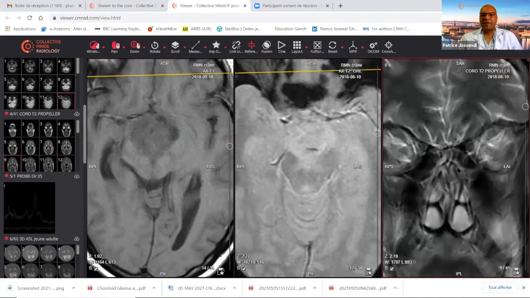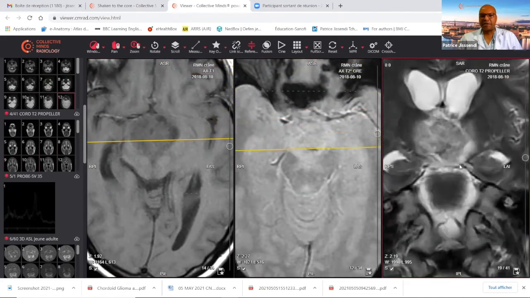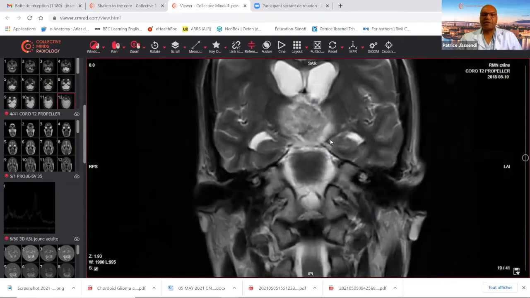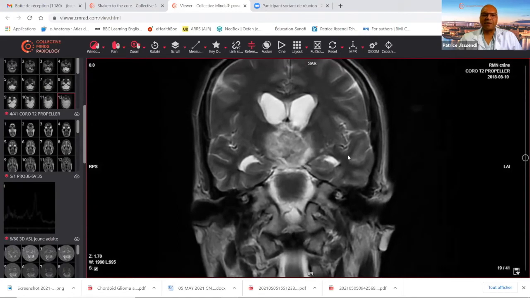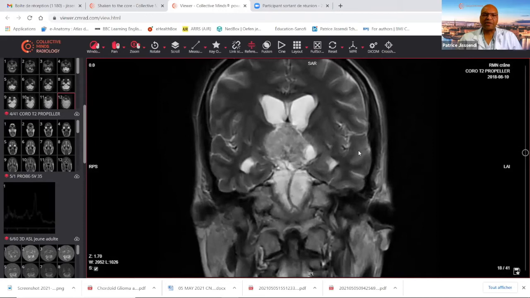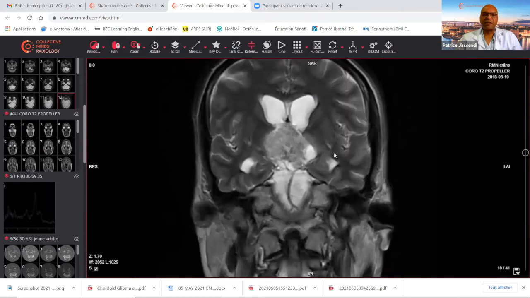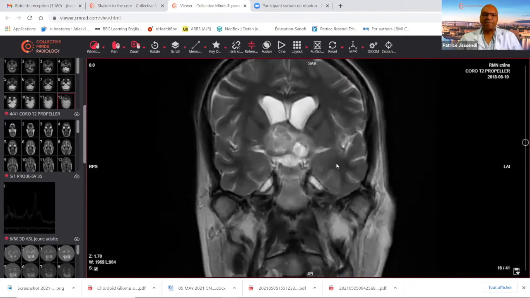And then if we get to that place using the coronal T2 images, we can see that there's a huge mass, maybe going through the third ventricle, but growing up to the foramina of Monro with some cyst-like parts anteriorly.